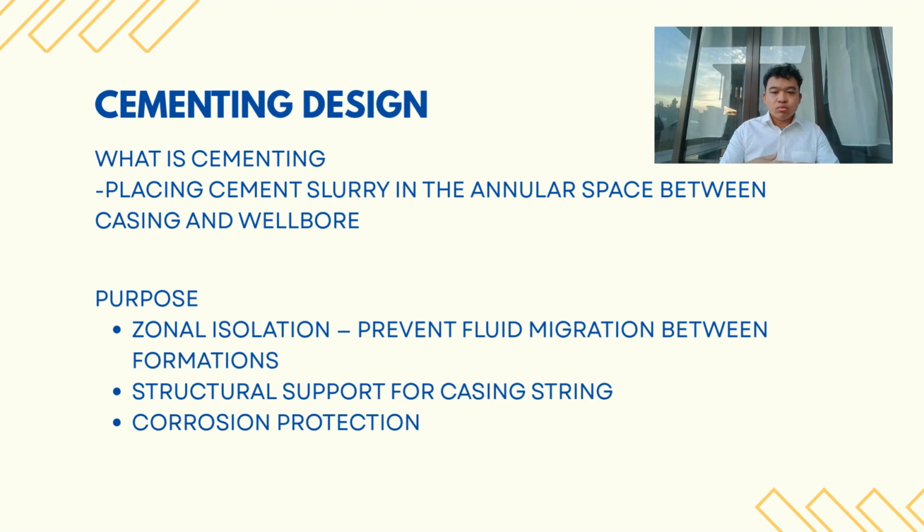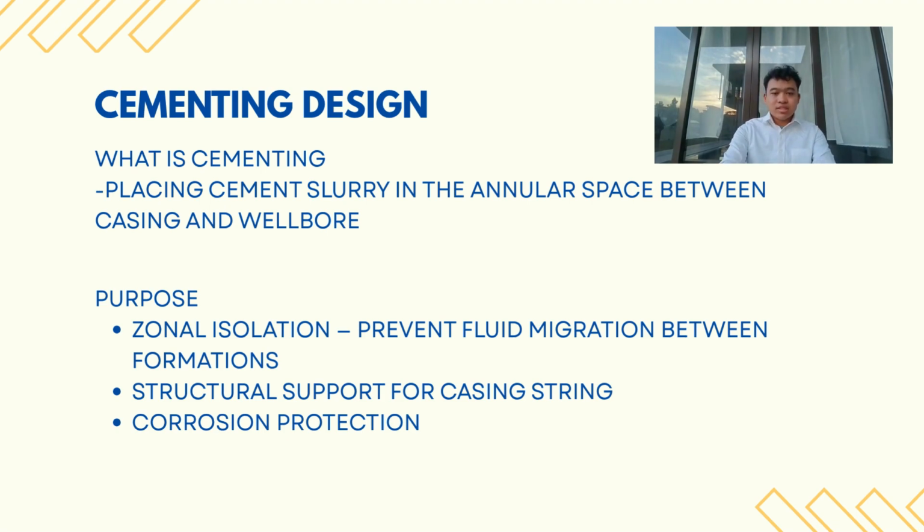Right now we're going to cover three casing strings. The first one is conductor, the second one is surface, and the third one is production casing. Each is cemented at a different depth with different requirements. The conductor is of course the shallowest, followed by the surface casing, and the last one is production casing, which is the deepest.